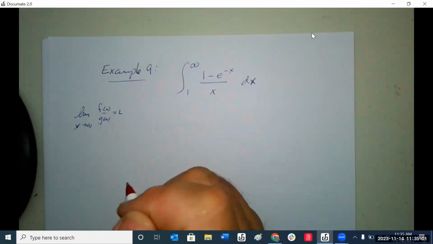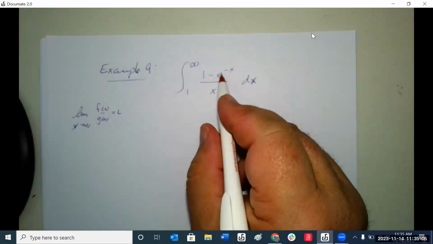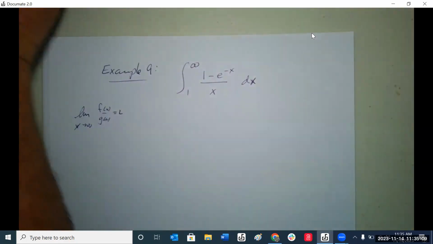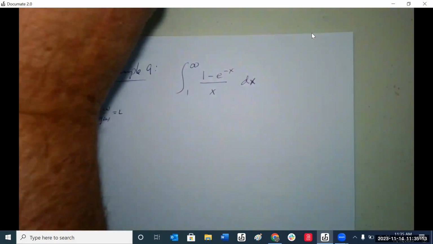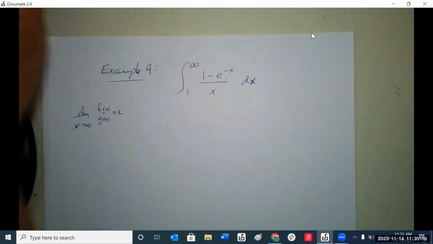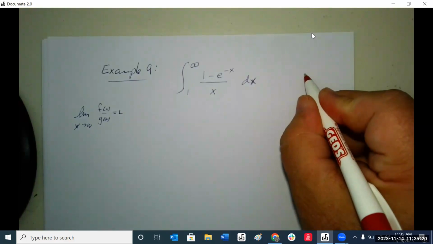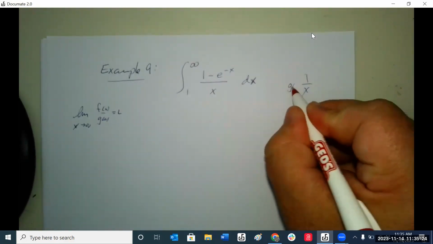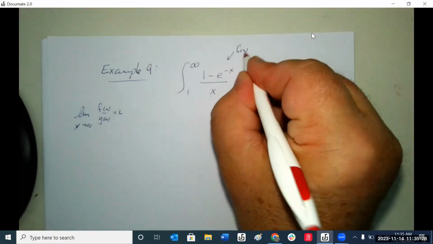So we have to find a comparison. As the theorem said, limit comparison. So I have to compare it to 1 over x. This is g, and that's my f of x.